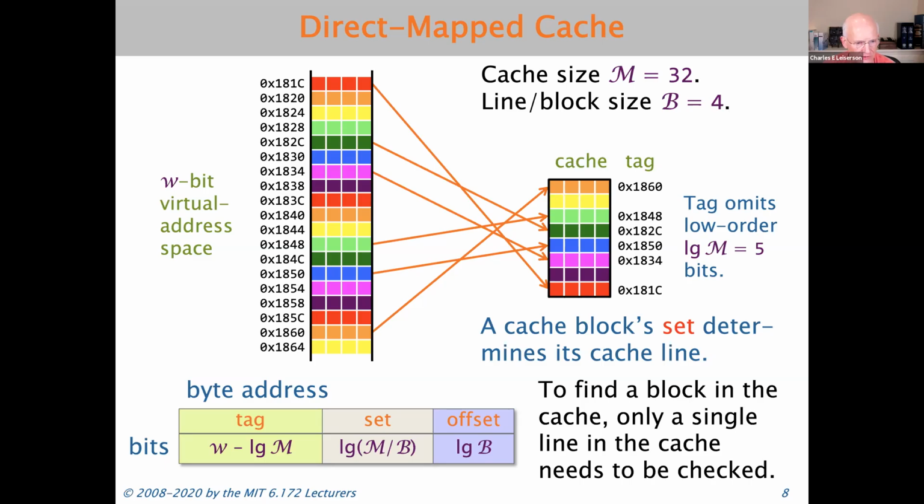As you march through memory linearly, you change the offset, then you go to the next set, and so forth. But if the program accesses blocks that differ only in the high order bits, all the blocks belong to the same set, and only one block from the same set can reside in the cache at the same time.